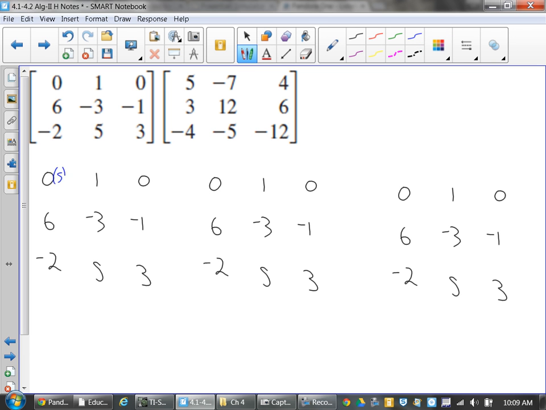It's times 5 plus times 3 plus times -4, times -7 times 12 plus times -5, and then you have 4, 6, -12. And then these 3, 4s, and 5s, those duplicate going below.